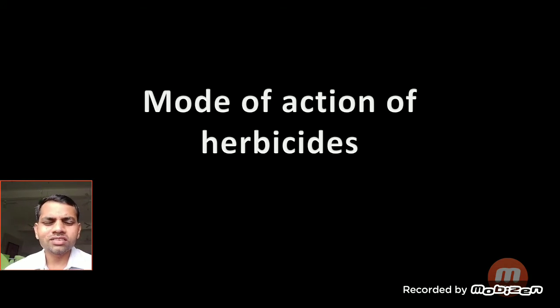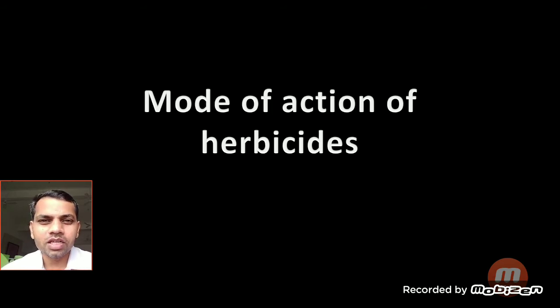Not just the application and how herbicides can be used, but how the plant gets killed. So we are going in depth in the botany, in the physiology, and today we will discuss the plant physiology of how the herbicides kill the plants.